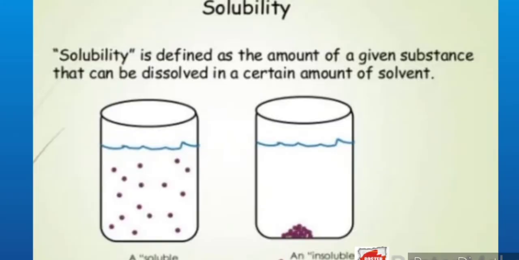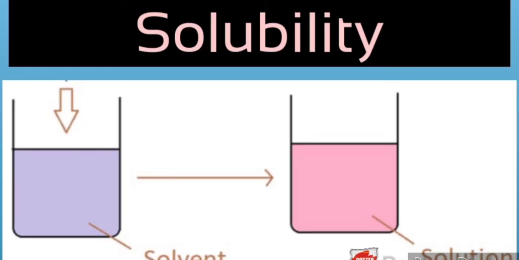Now next we have the topic of solubility. Solubility is defined as the amount of a given substance that can be dissolved in a certain amount of solvent. Means what? Like if we have water and we start dissolving salt in that, water is known as the solvent and salt will be known as the solute, and both will form a solution.